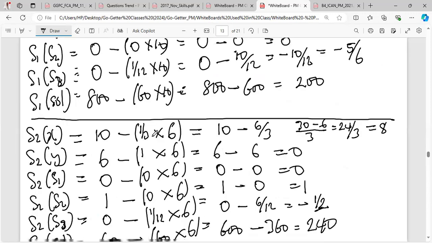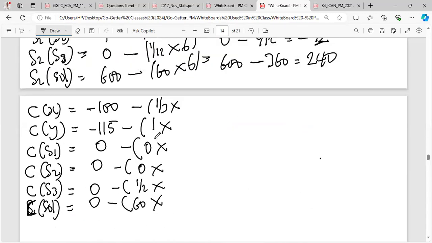So minus 115. That's going to be our recurring number.